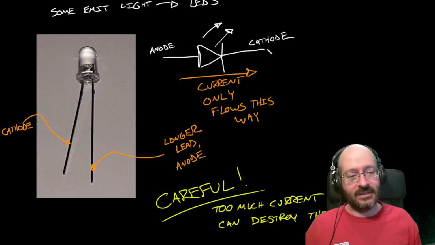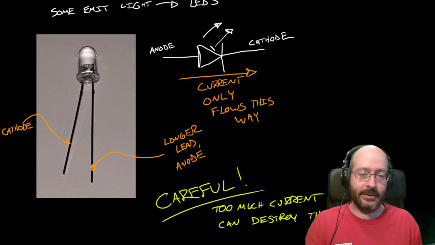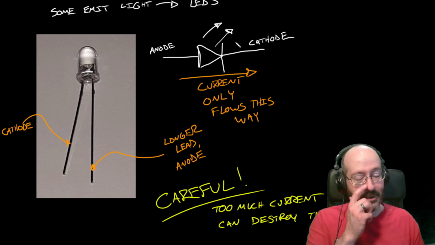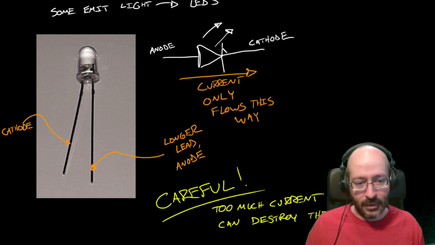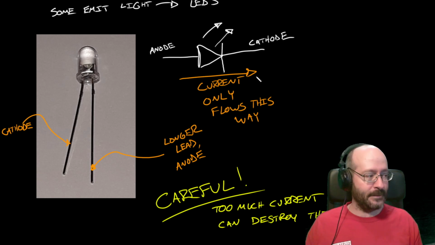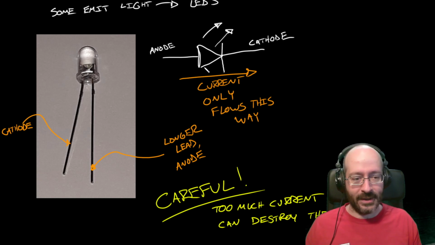So this is the schematic symbol for a light emitting diode. The only difference between the schematic symbol for a light emitting diode and just a regular diode is that the regular diode doesn't have light shooting off of it with these arrows. So the whole point of this diode is to prevent current flow. It's only going to allow current flow from left to right, as I have it drawn here, and it follows this triangle like it was an arrowhead.